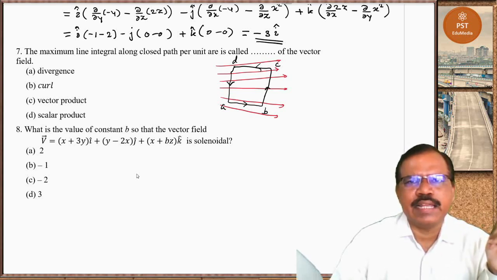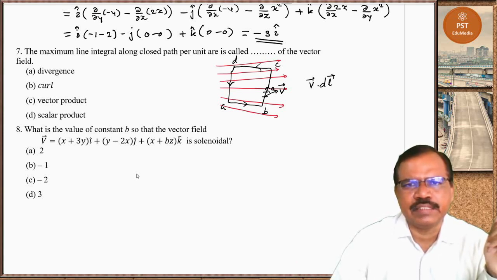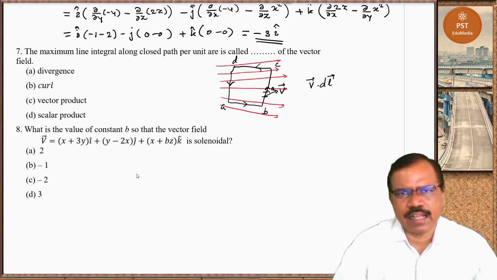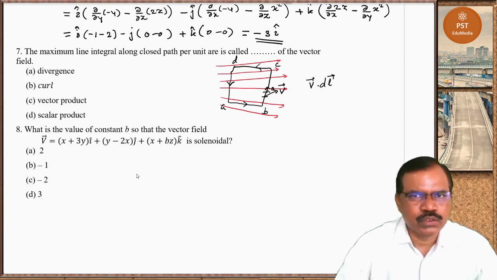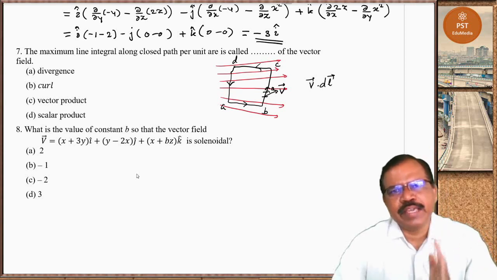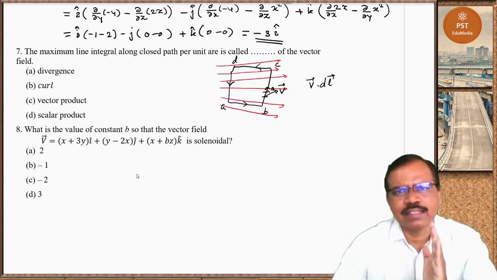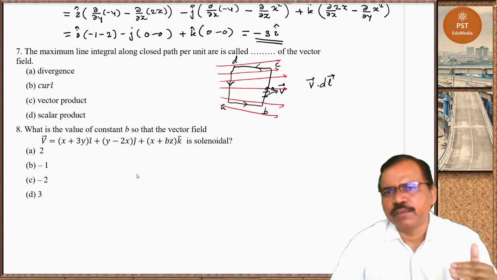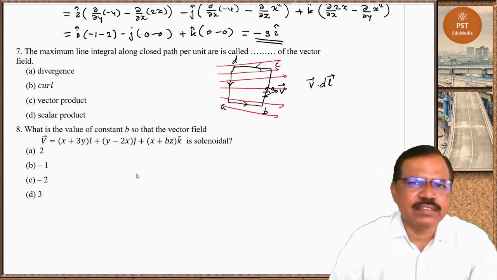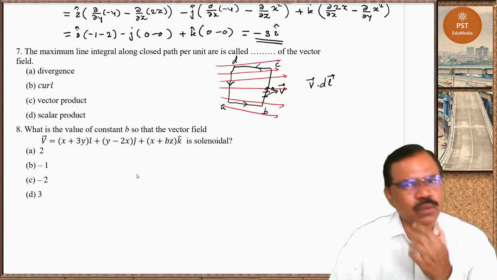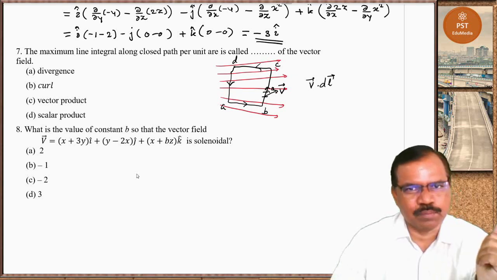Now, suppose at any point we have vector V, then this angle is theta. Then we take V dot dl, where dl is the length element along the path. If V is parallel to that path, V dot dl is maximum. When V is perpendicular to the path, V dot dl is 0. So the maximum value is when the vector field is parallel to the path.